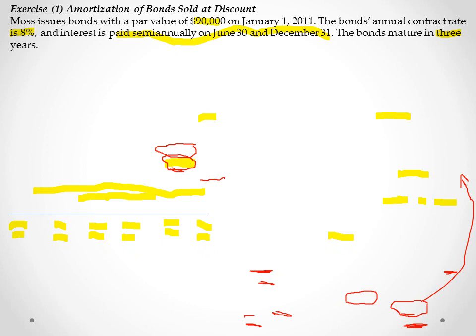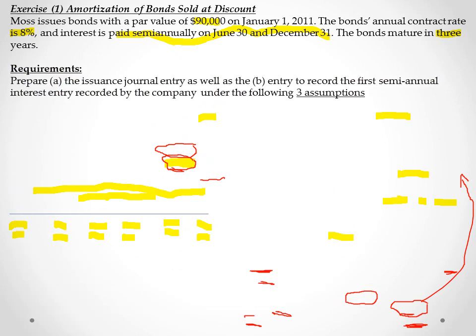The bond's annual contract rate is 8%, so this bond will offer its holders 8% interest, paid semi-annually, meaning two times each year on June 30 and December 31st, and the bonds will mature in 3 years. You are required to prepare an entry to record the issuance of the bonds, as well as the entry to record the first semi-annual interest payment recorded by the company.